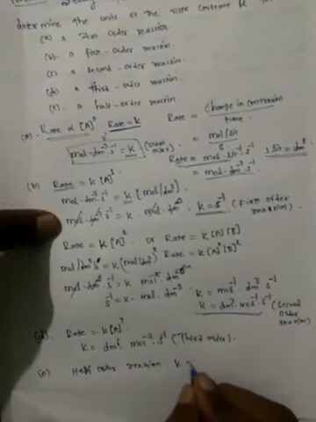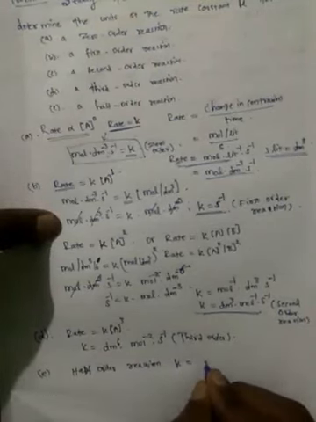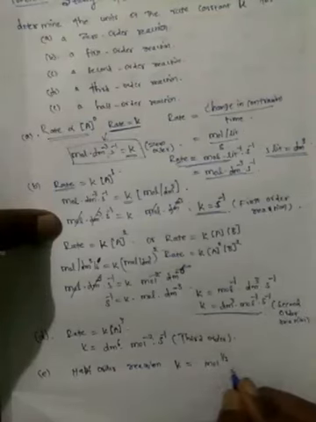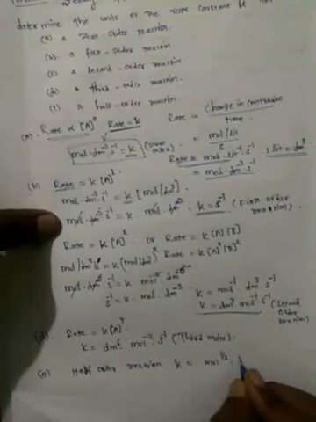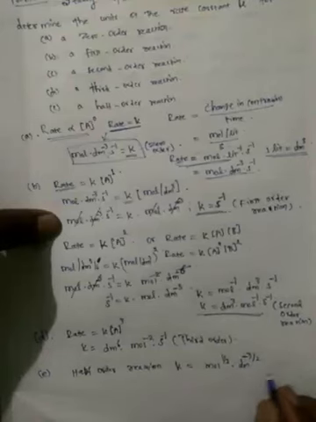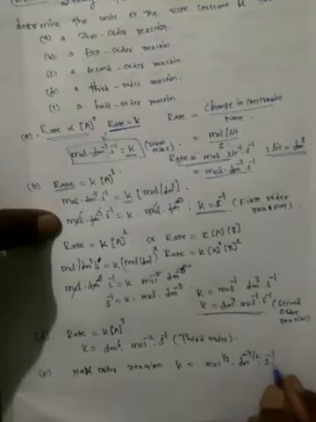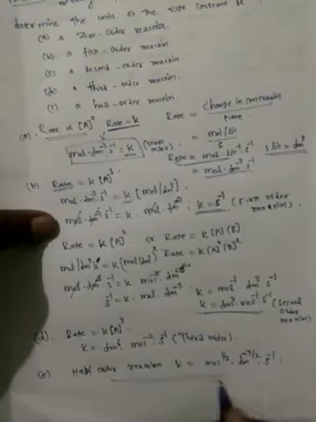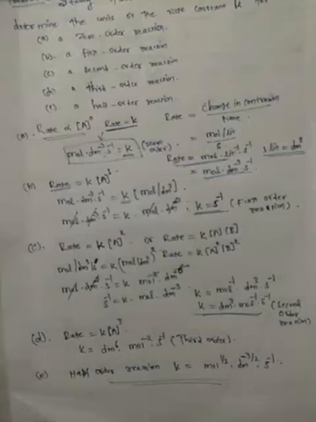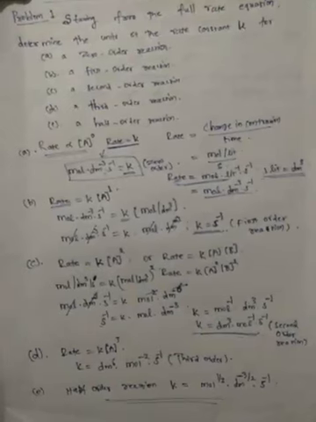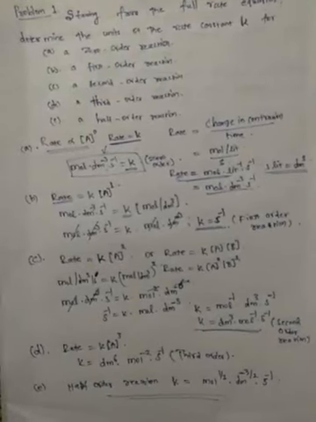The unit will be mole power, decimeter power minus 3 by 2 and second inverse. So this is how you have to work out units for the rate constant for a given order.